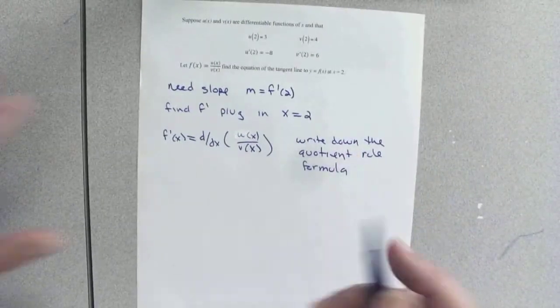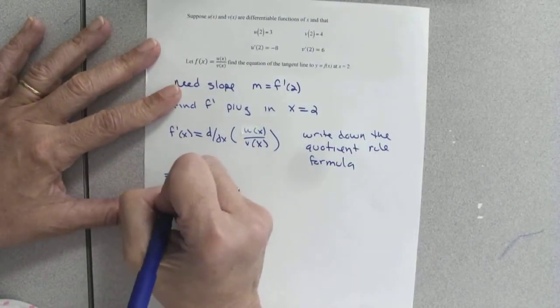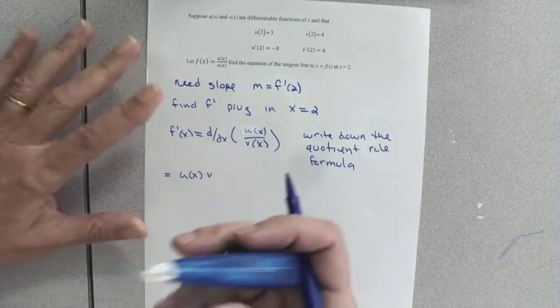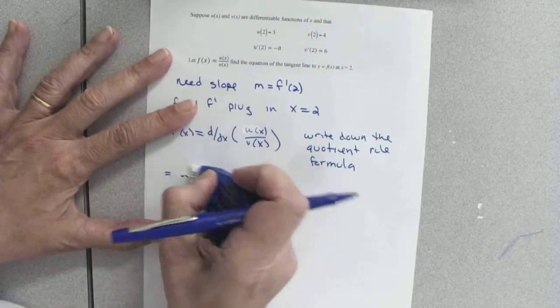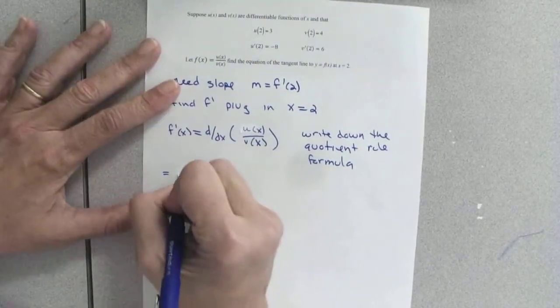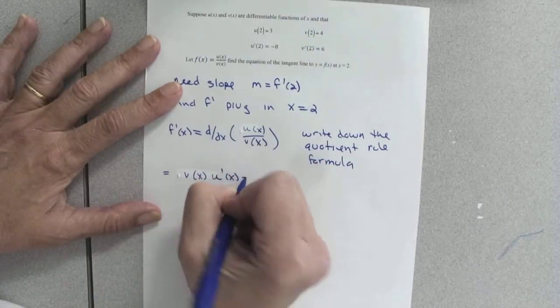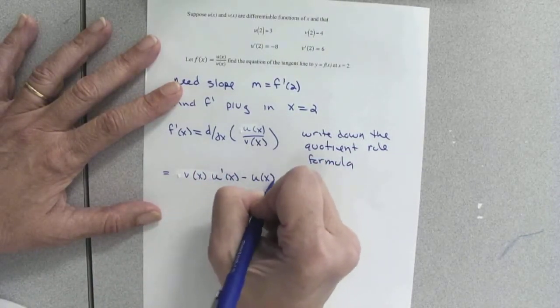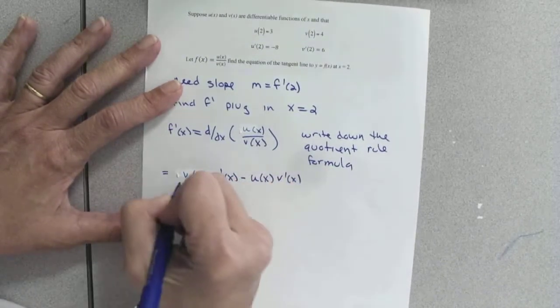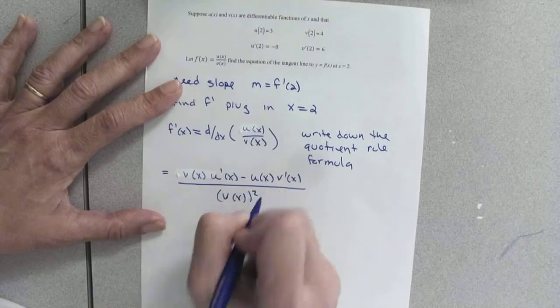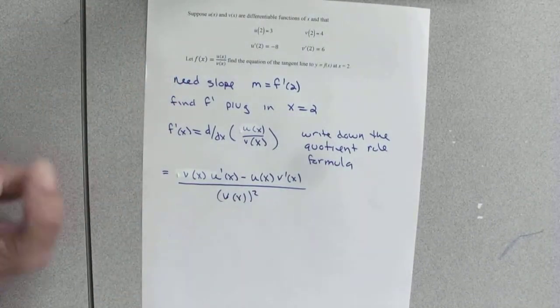So just writing down the quotient rule formula, plain denominator, derivative of the numerator, minus plain numerator, derivative of the denominator, all over the plain denominator squared. Quotient rule formula.